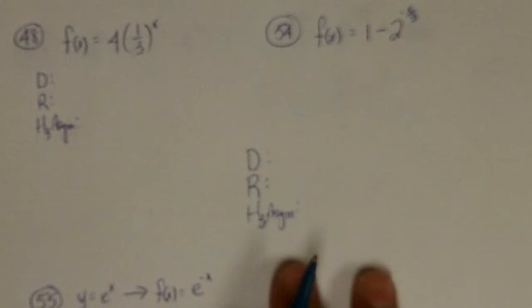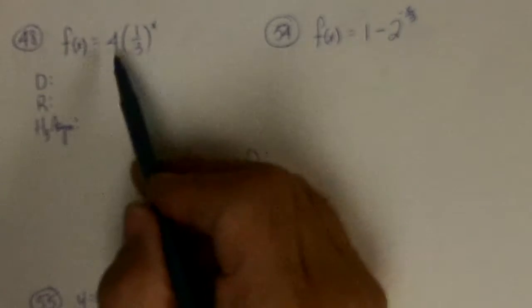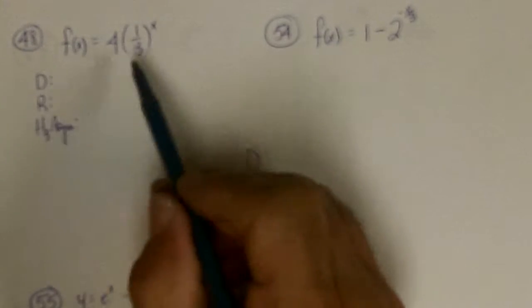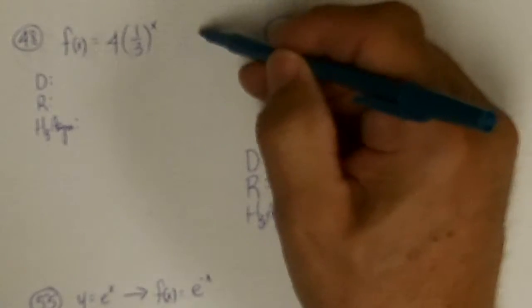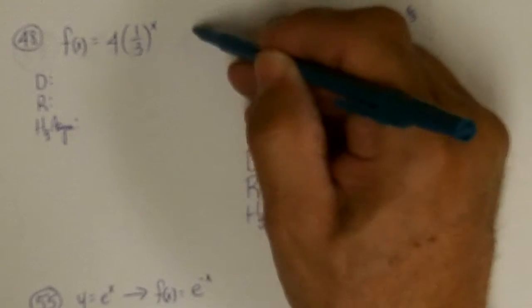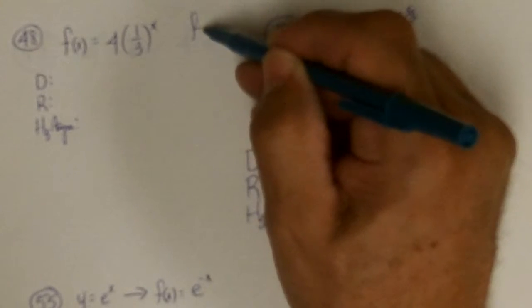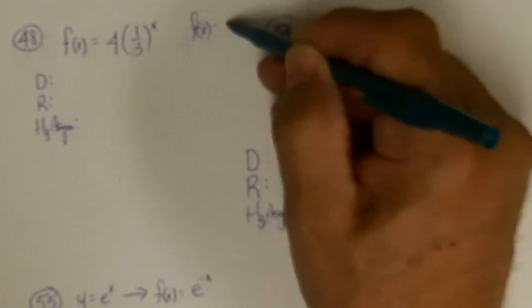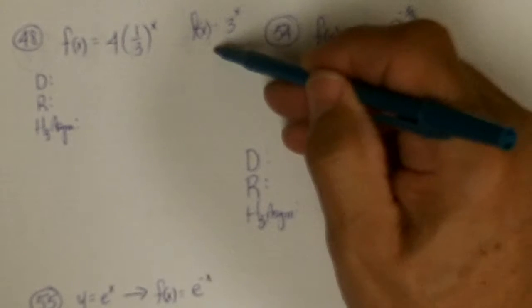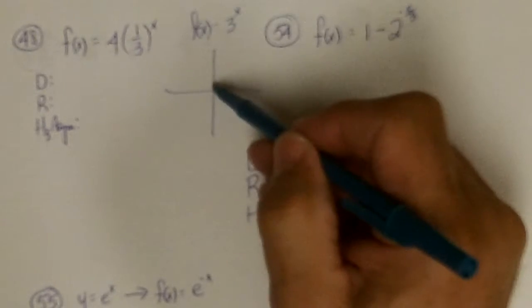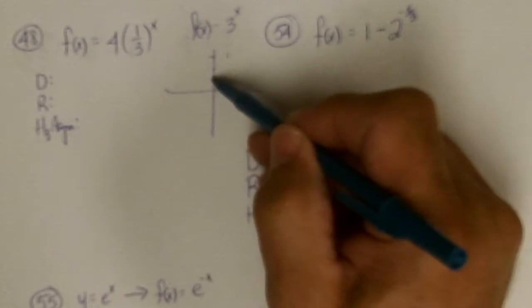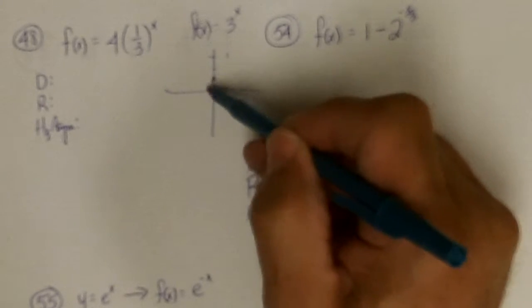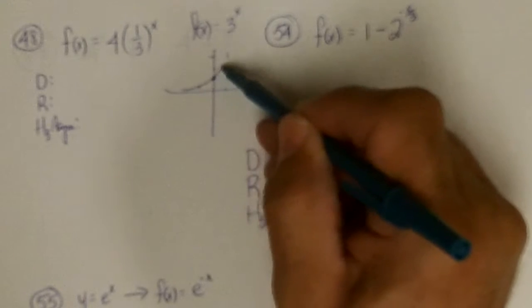48. It says, what's the domain and range and horizontal asymptote of this? Well, this is related to the 3 to the x. Parent function would be f of x equals 3 to the x, and that looks like it goes through 1, then 2, 3 at 1, goes through 1 there and at a third.